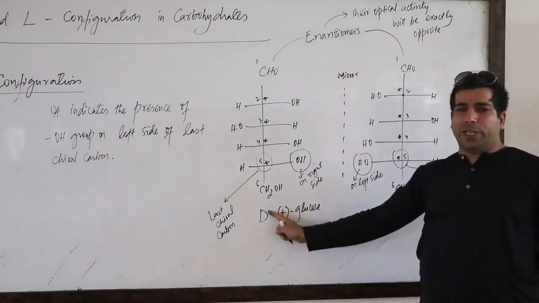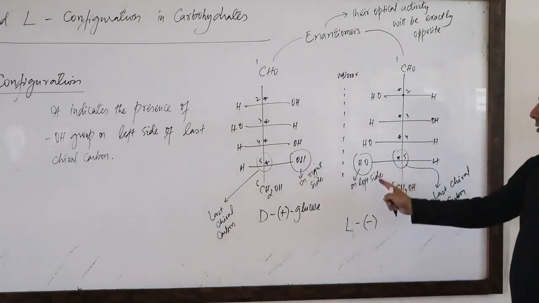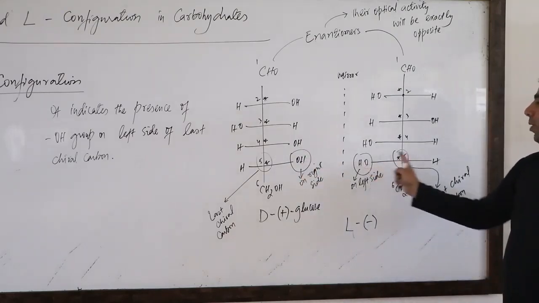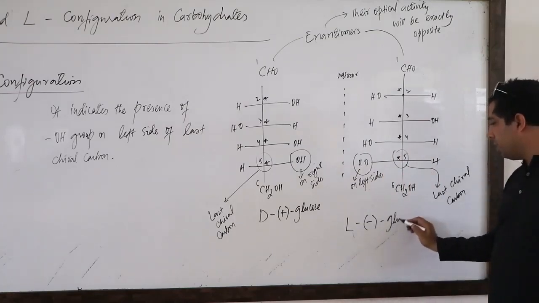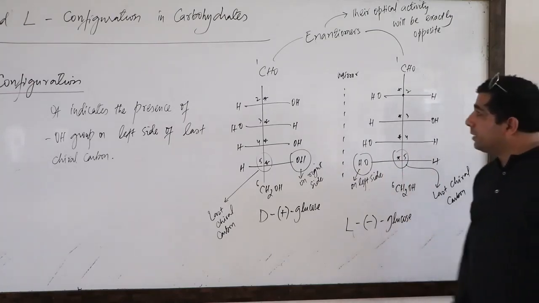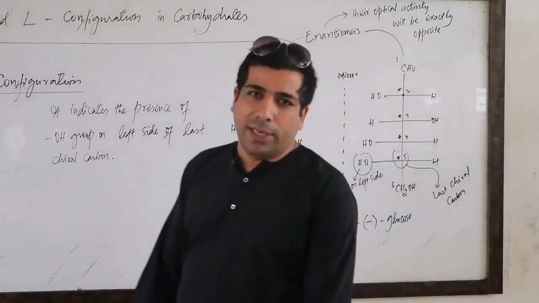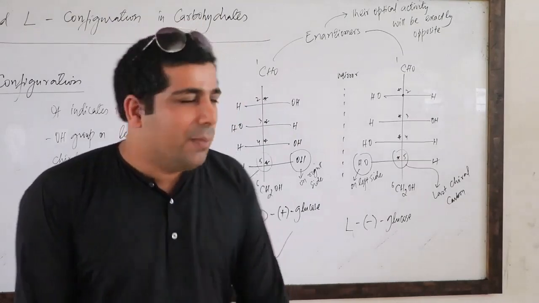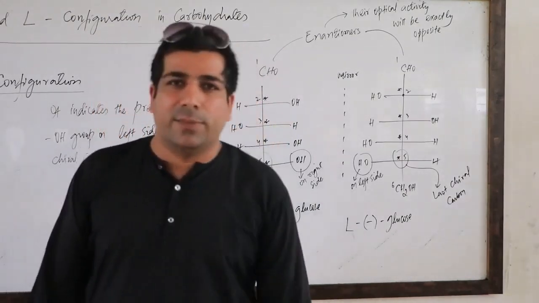This is D configuration, right side OH group on the last chiral carbon. This is L configuration, left side OH group on the last chiral carbon. And the rest of the structure will be a glucose molecule. D plus glucose is natural. It exists in nature. But this L form, you have to synthesize it in the laboratory.